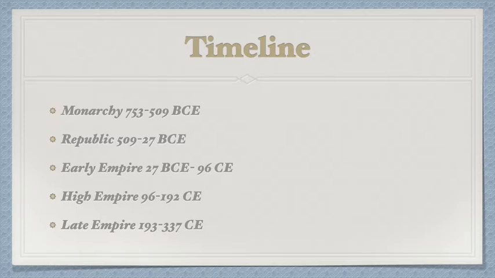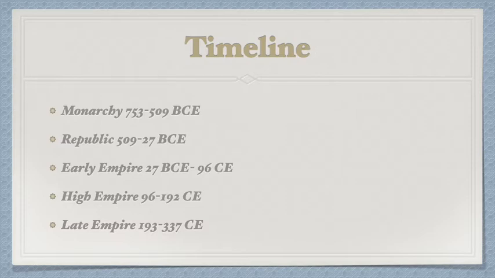Then we move into the Republic from 509 to 27 BCE, and this is after the expulsion of Tarquinius Superbus until the bestowing of the title of Augustus on Octavian. Octavian was the grandnephew of Julius Caesar, and he defeated Mark Antony and Cleopatra, and the civil war that eventually ends the Republic.